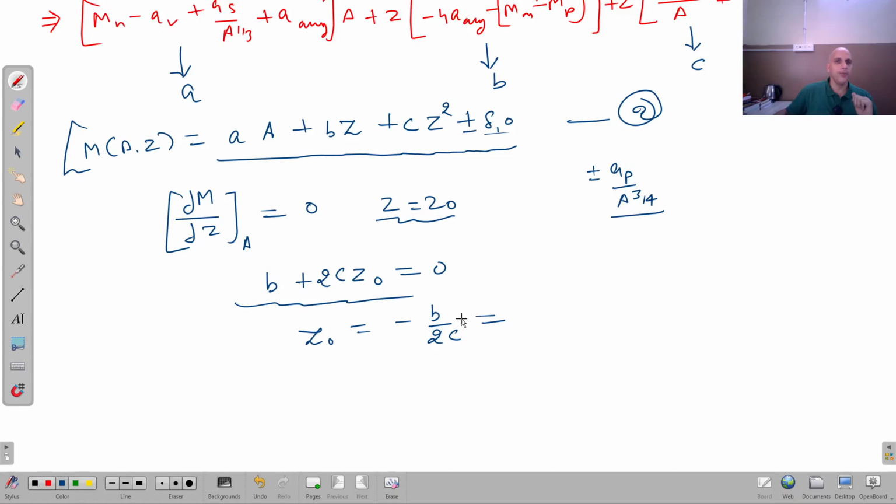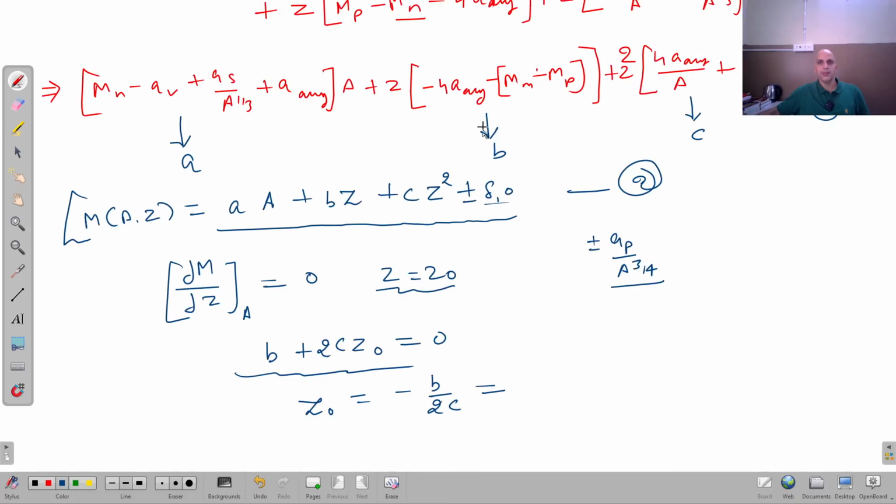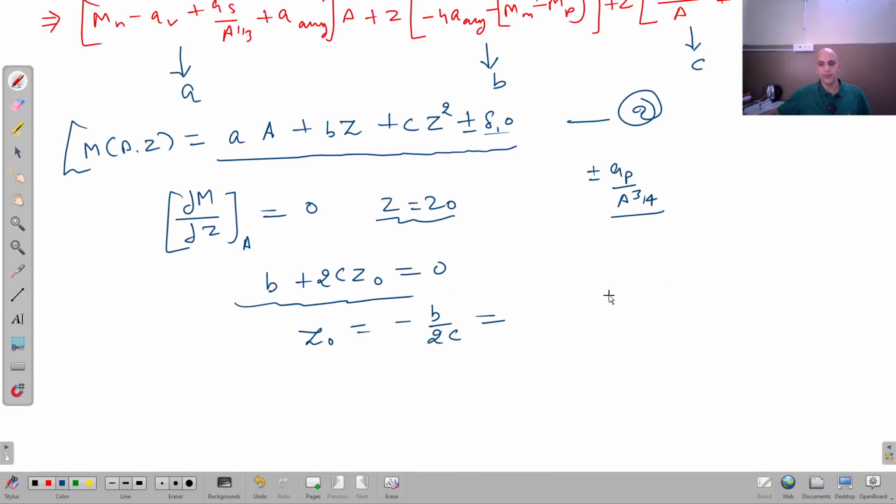Now I am putting the value of B and C. B is this one, minus 4 A symmetry minus the bracket mass of neutron minus mass of proton, divided by 2C.